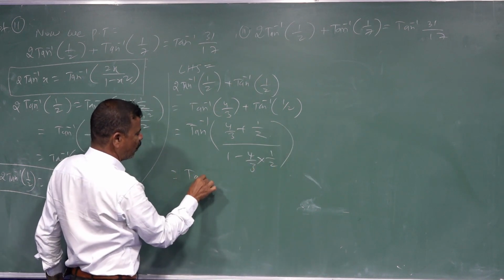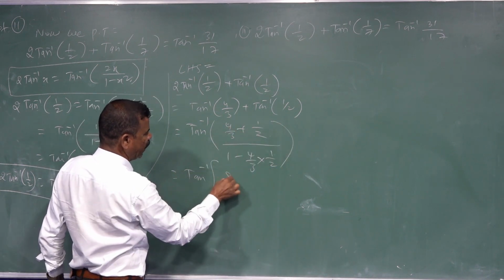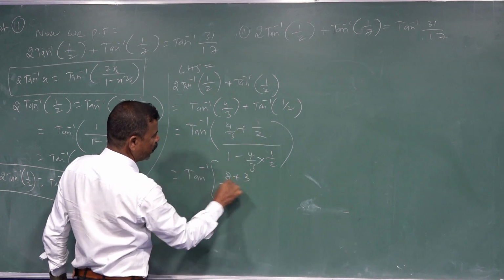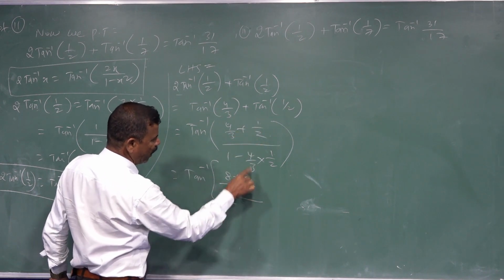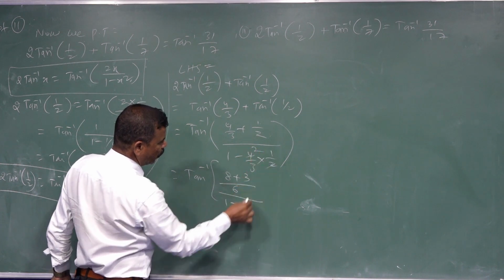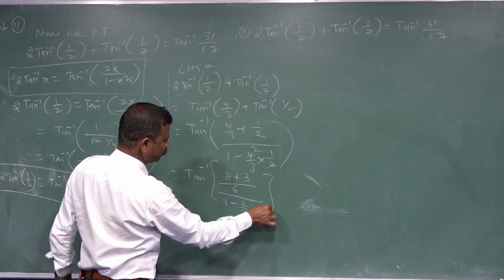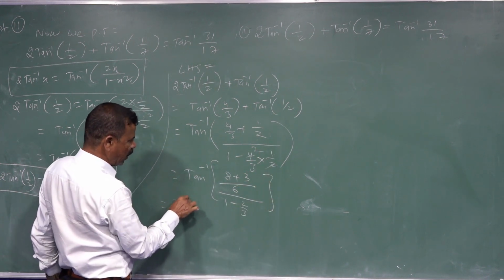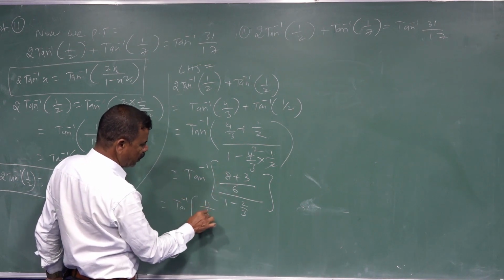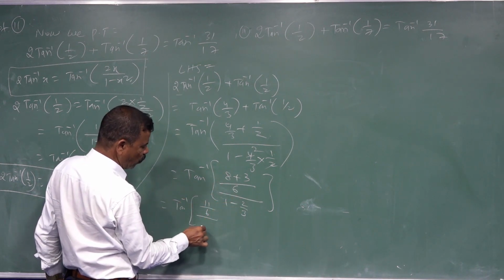So tan inverse of this value, (28 plus 3) by 21 by (1 minus 4 by 21), which is 21 minus 4 by 21. After this, tan inverse of 31 by 17.